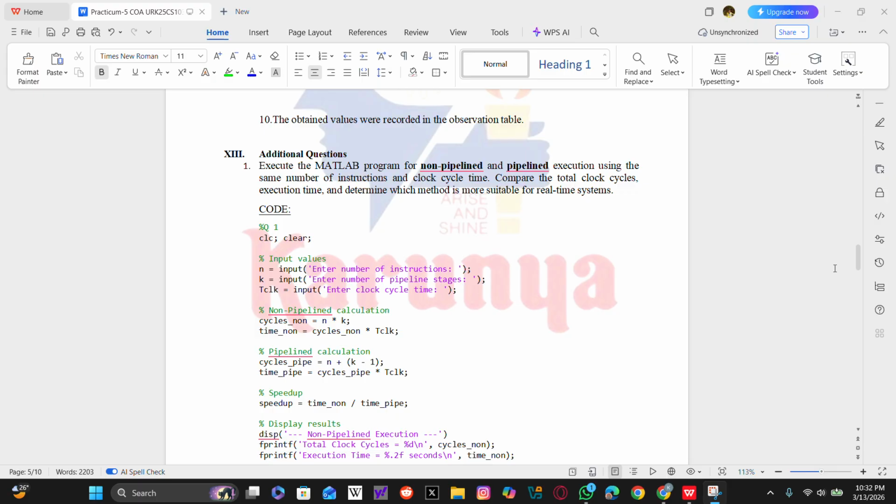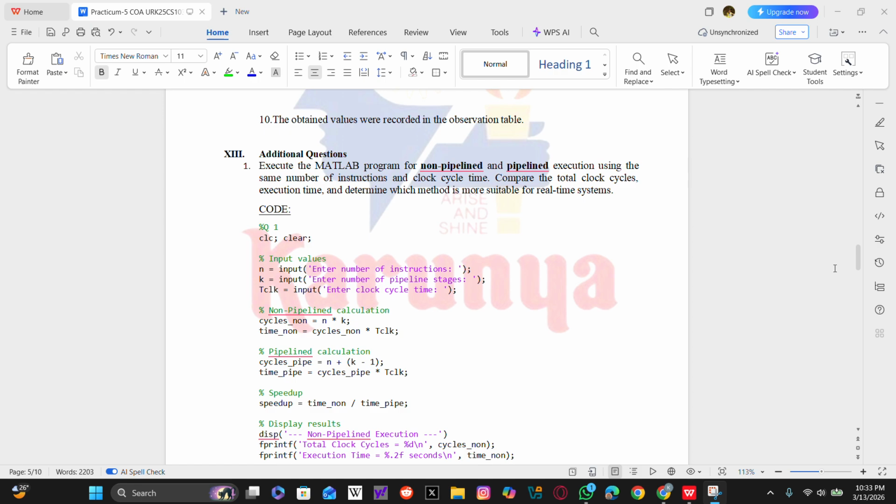The first one, we are applying values such as n, which is the number of instructions, k is the number of pipeline stages, t clock is the clock cycle time. For the non-pipeline calculation, cycles non is equal to n times k, and time non is equal to cycles times t clock.